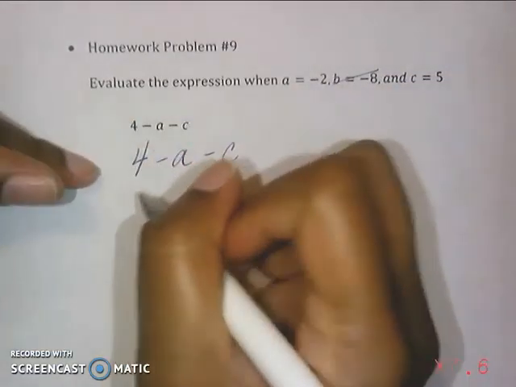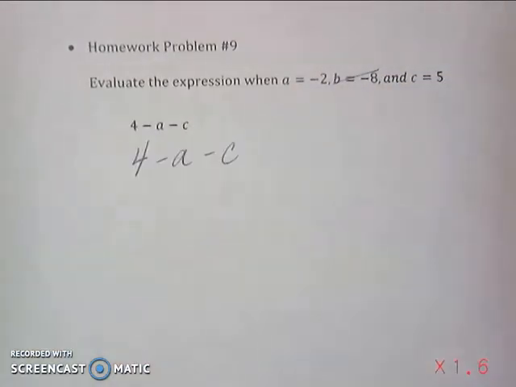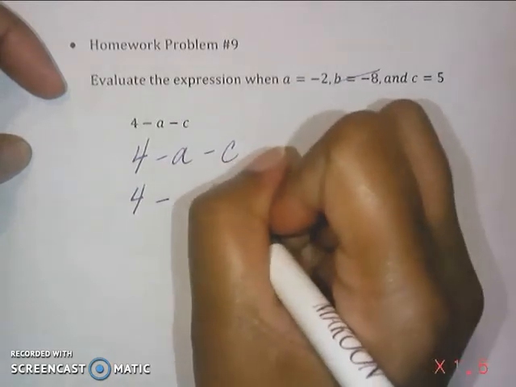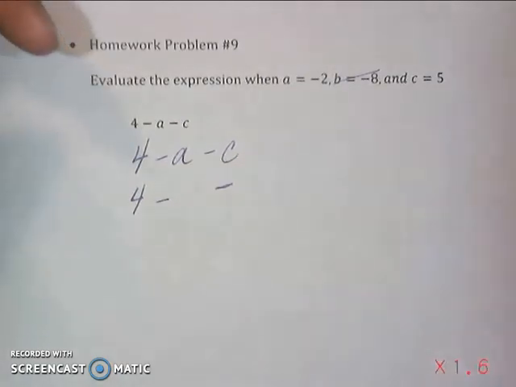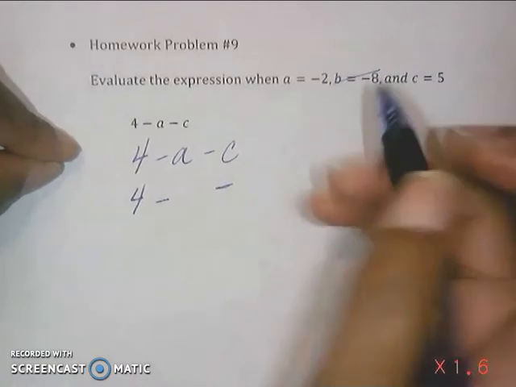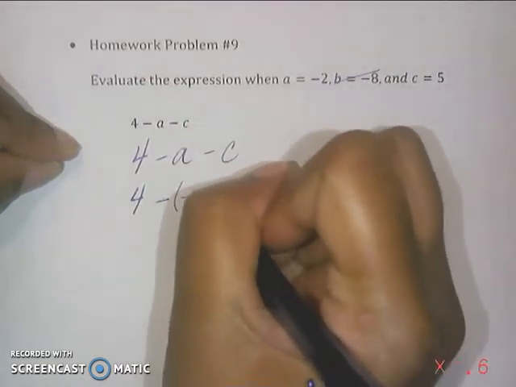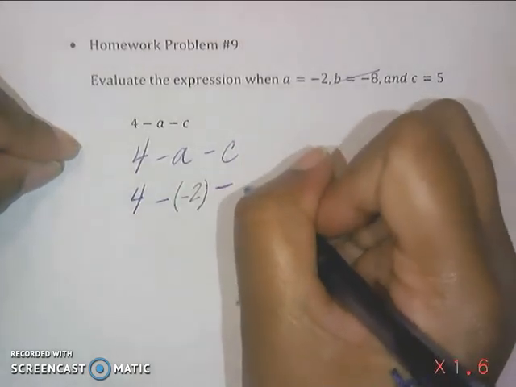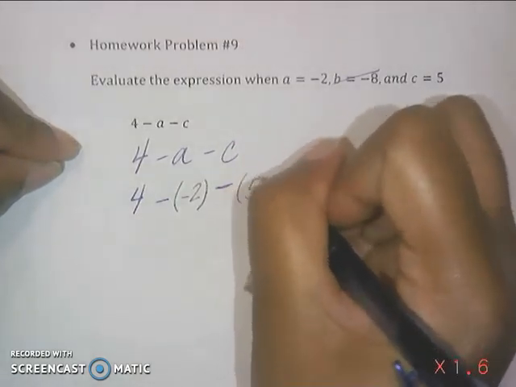So I'm going to write 4, minus and a minus for what's already given. Then for A, I'm going to plug in a negative 2, and for C, I'm going to substitute in a 5.